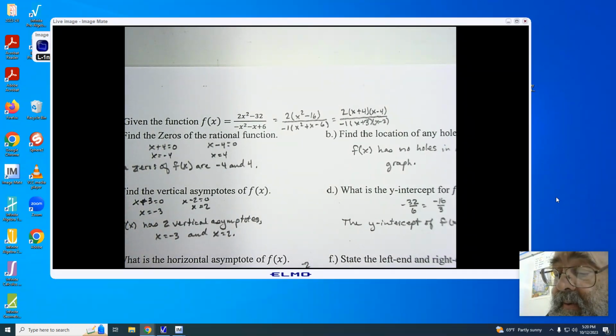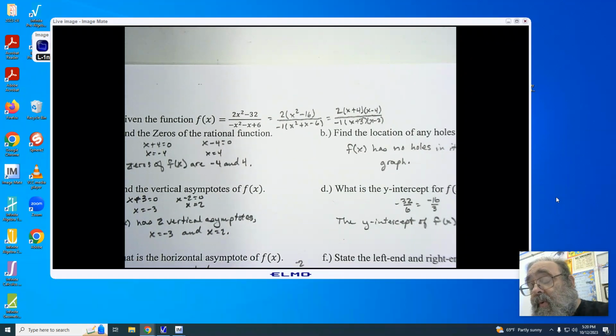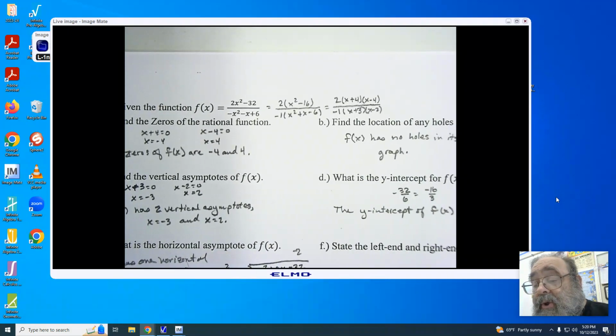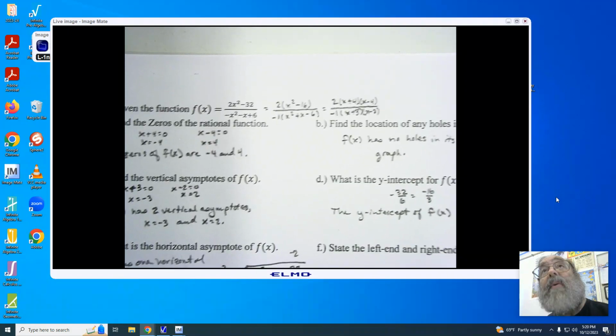F of x has one horizontal asymptote, y equals negative 2. Now our left and right hand rule means that as we go toward infinity, we are approaching that horizontal asymptote.